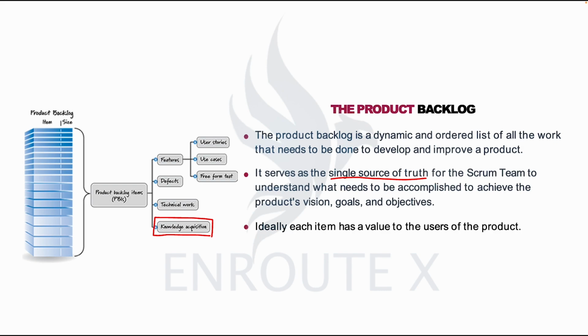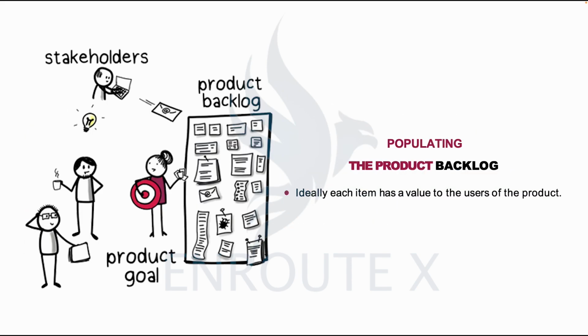product. And in the next slide, we would see what it is like. I've shown this earlier. We can see that each item has value. It has a well-defined value to the user of the product.